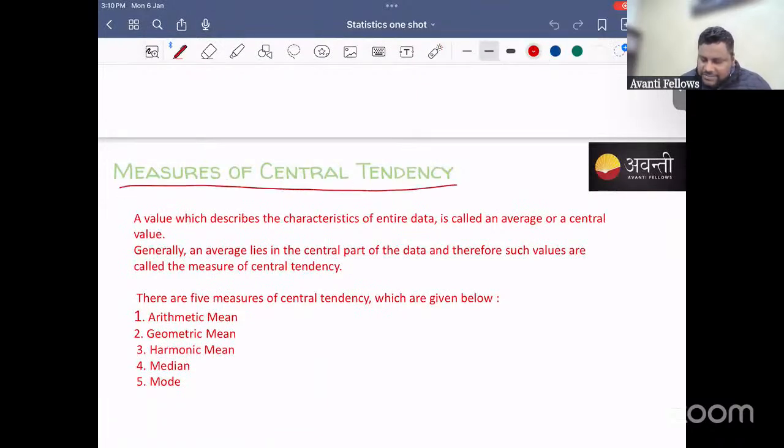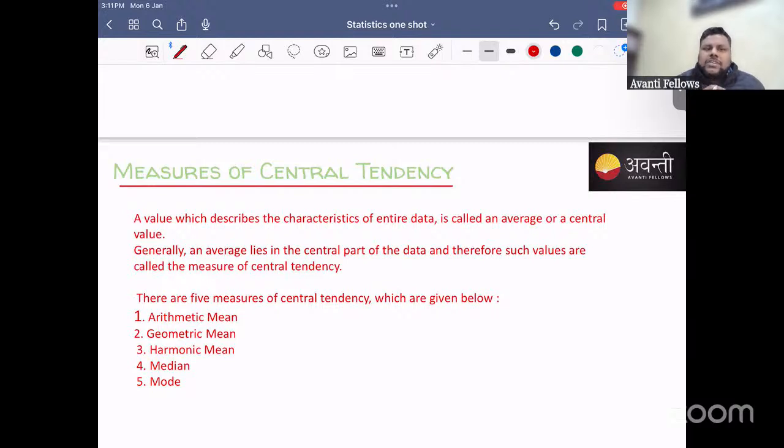Measures of central tendency. Now, what is central tendency? First of all, the most basic thing about central tendency that we hear is average. Average score scored by a batsman, average number of hours worked by an employee in a company, average number of days you study, average number of hours you study.